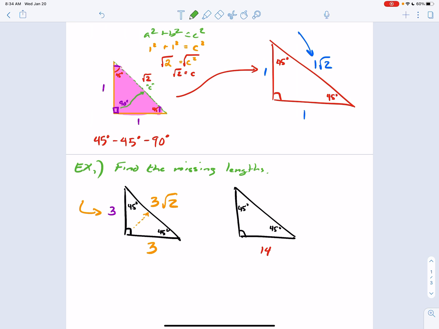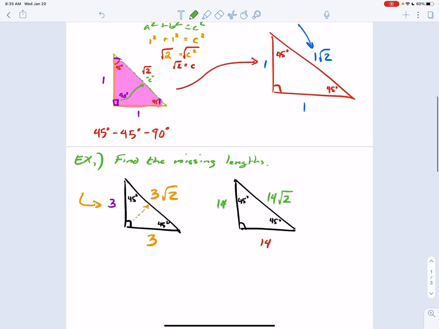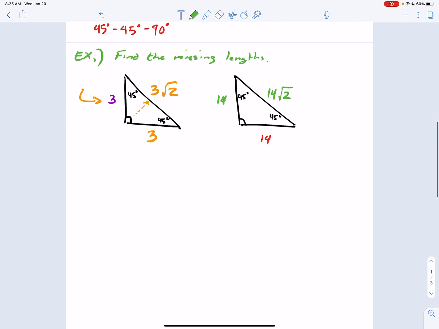So if the bottom length is 14, and this is a 45, 45, 90 triangle, it's special, right? Then that means the left leg right here has to be 14 as well. Hypotenuse also has to be 14, but it has an extra radical 2. And that's it. So if you take a look, when you do it by observation, there's not a lot of work to be shown.